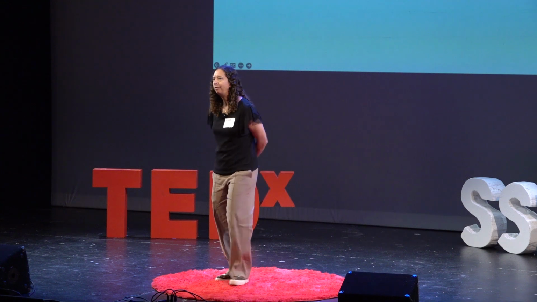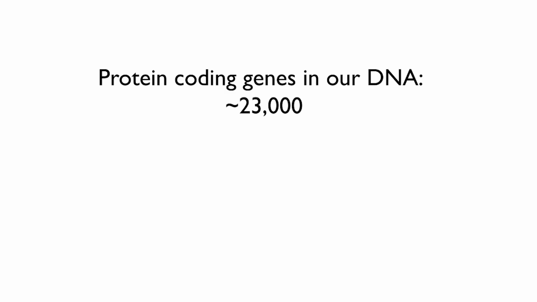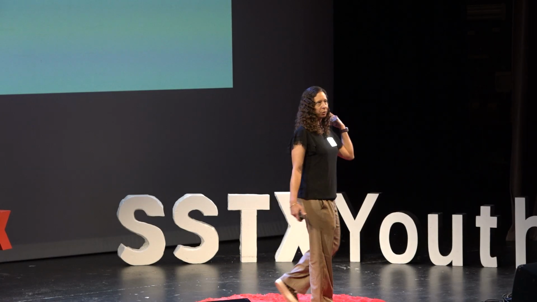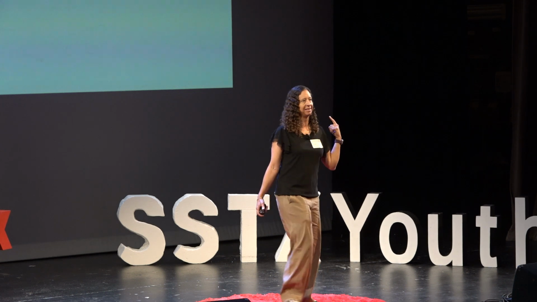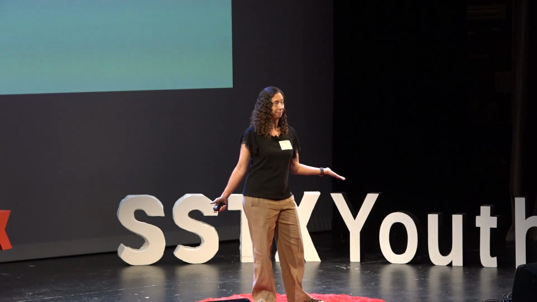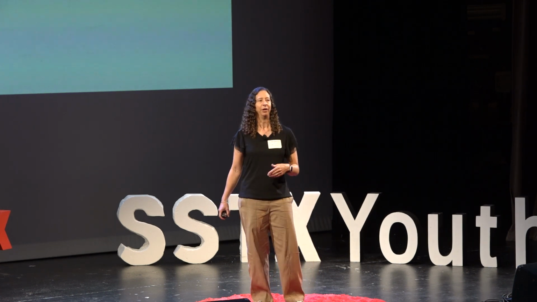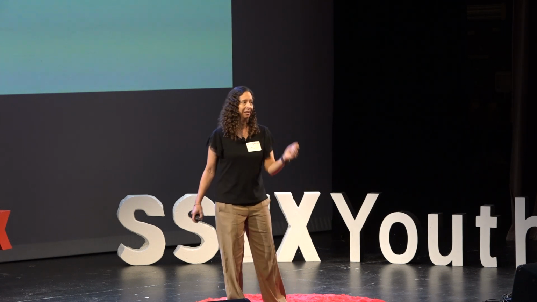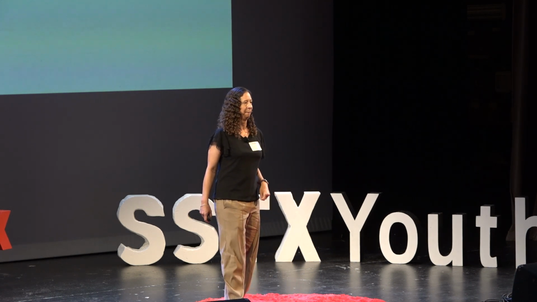It turns out that we have about 23,000 protein coding genes in our genome. That's not really a very big number, right? It's kind of small because not all of these 23,000 genes are encoding distinct T cell receptors that can fight off pathogens, right? Some of them are encoding retinal proteins in our eyes. Some of them are encoding insulin that is made by our pancreas.